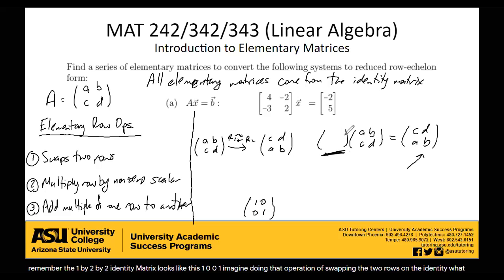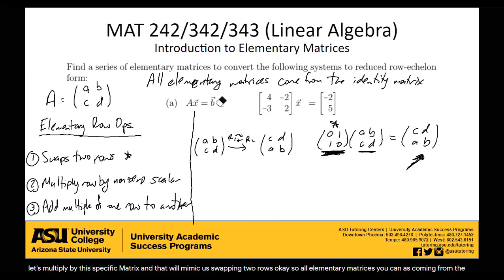What you would get is 0, 1, 1, 0. In fact, if you take this matrix and multiply by this matrix, you get this one out of it. You can verify that. You can do the multiplication out and you'll see that you'd get that matrix. So instead of just saying, hey, let's swap two rows, we can say, hey, let's multiply by this specific matrix and that'll mimic us swapping two rows. So all elementary matrices, you can think of them as coming from the identity matrix.